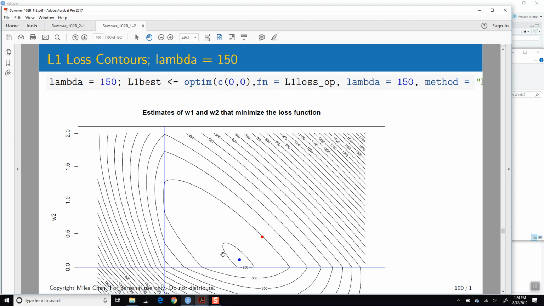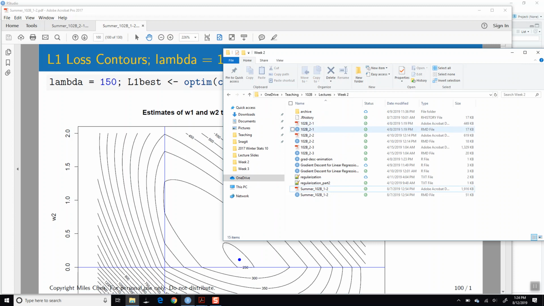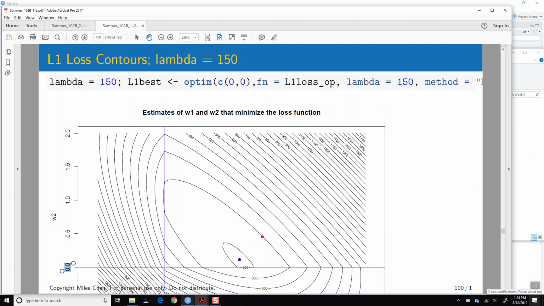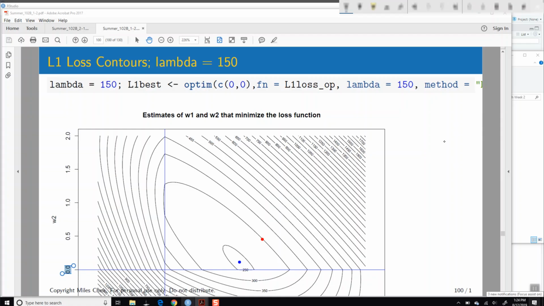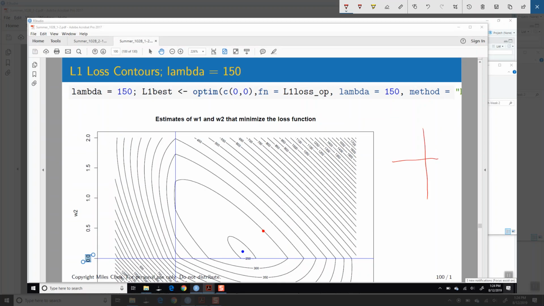We're adding the penalty into here, and if you think of what the penalty looks like for an absolute value function, it looks like this, right? 0, 2 has the same amount of penalty as 1, 1 as 2, 0, okay?